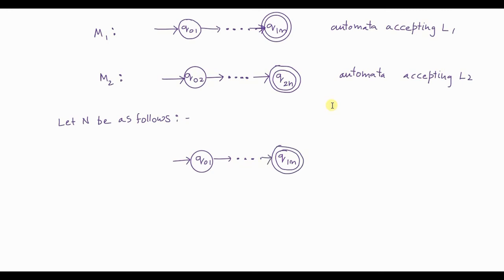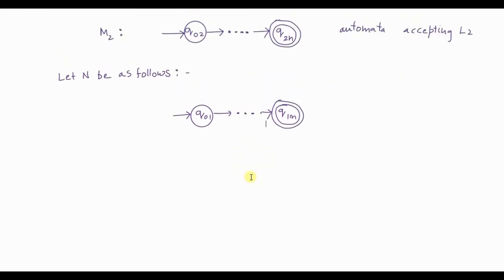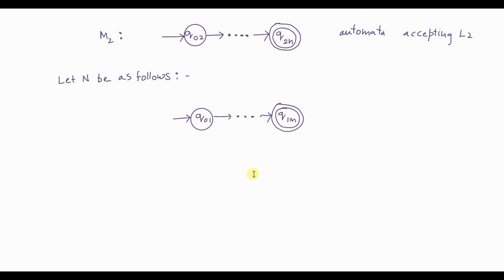So let's say this is one machine, so this is part of N, and the second machine has start state Q02, and there are more states which we have not shown, and Q2N happens to be the final state of this machine. So this means that all the states and transitions of both the machines M1 and M2 are added to N.